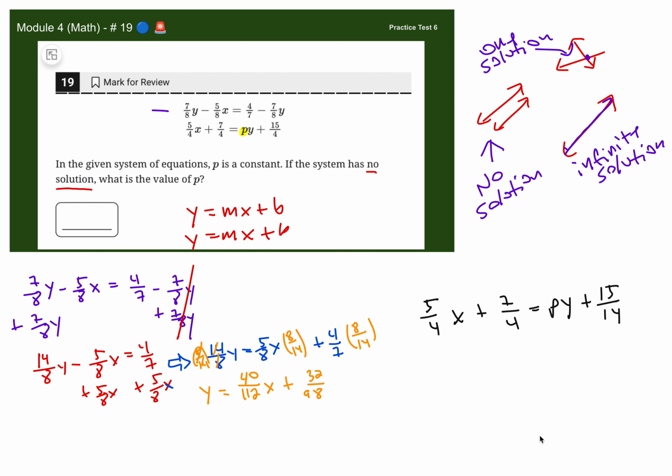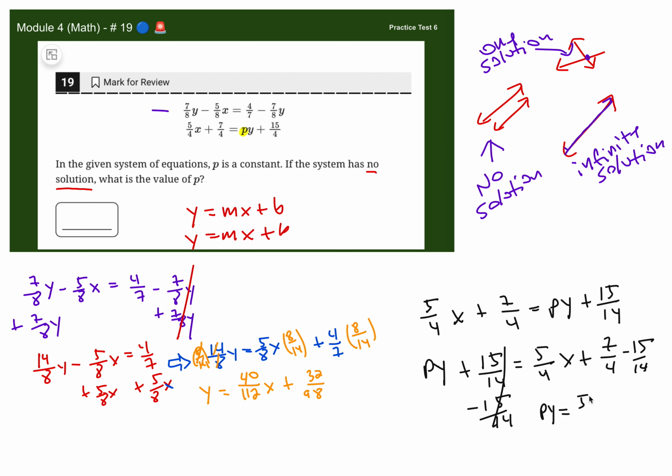I'm going to flip the equation so I can have the y on the left side and it'd be positive already. So py plus 15 over 14 equals 5 over 4x plus 7 over 4. That looks more like y equals mx plus b. Then I'll go minus 15 over 14 on both sides. Okay, gone.